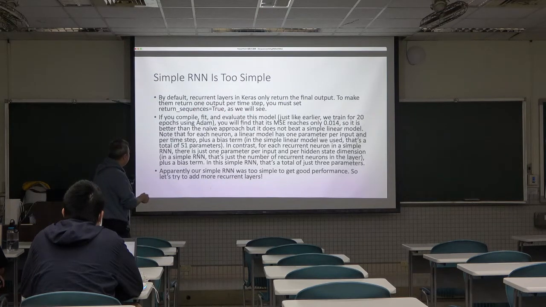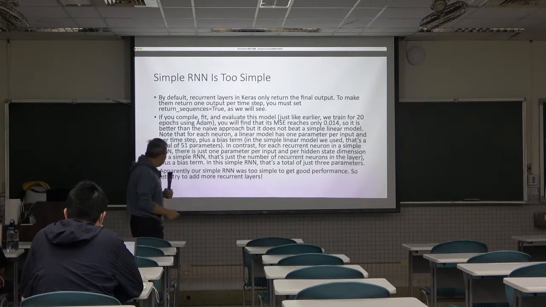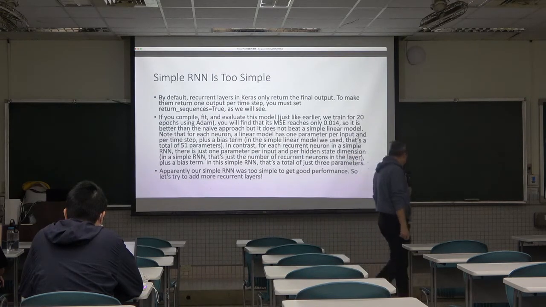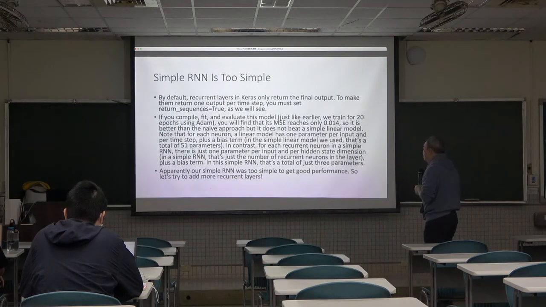If you compile, fit, and evaluate this model, training for 20 epochs using Adam, the MSE will reach 0.014. Well, it's better than the naive approach, but it's not as good as the simple linear model.